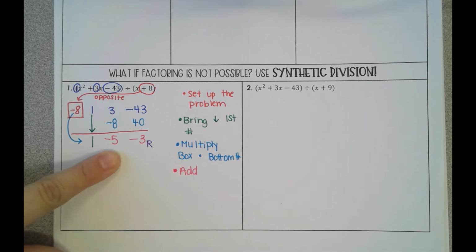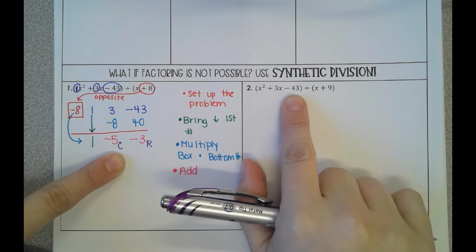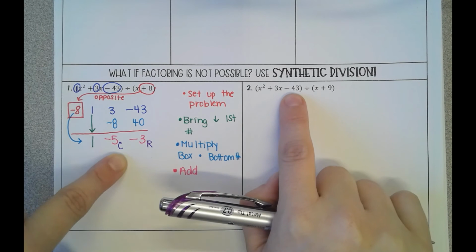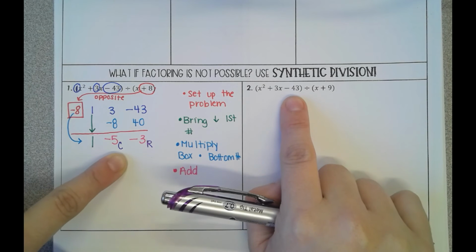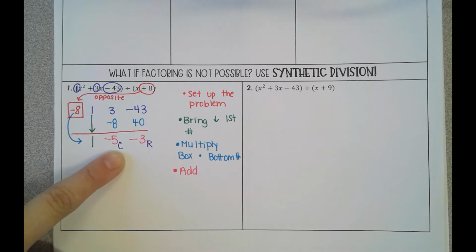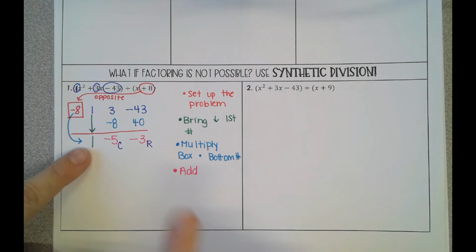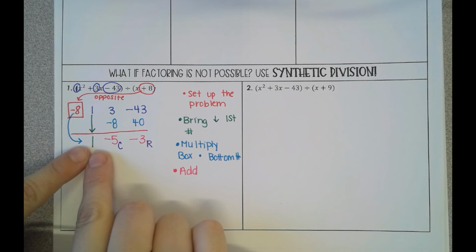The next number is our constant. A constant is just a plain number, like over here, negative 43. It doesn't have an x with it. So we go remainder, constant, and then the next one gets an x.